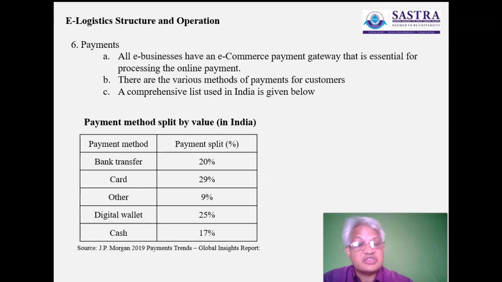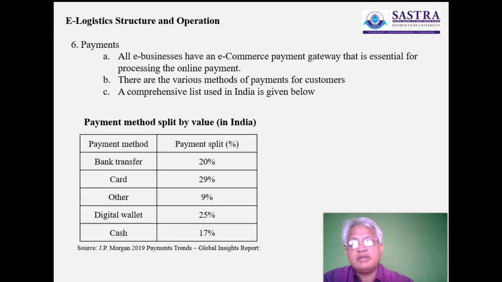Next is your payment terms. As we spoke in the order processing system, every retailer has a payment gateway attached to the interface. All e-businesses have this, which is essential for processing online payment.